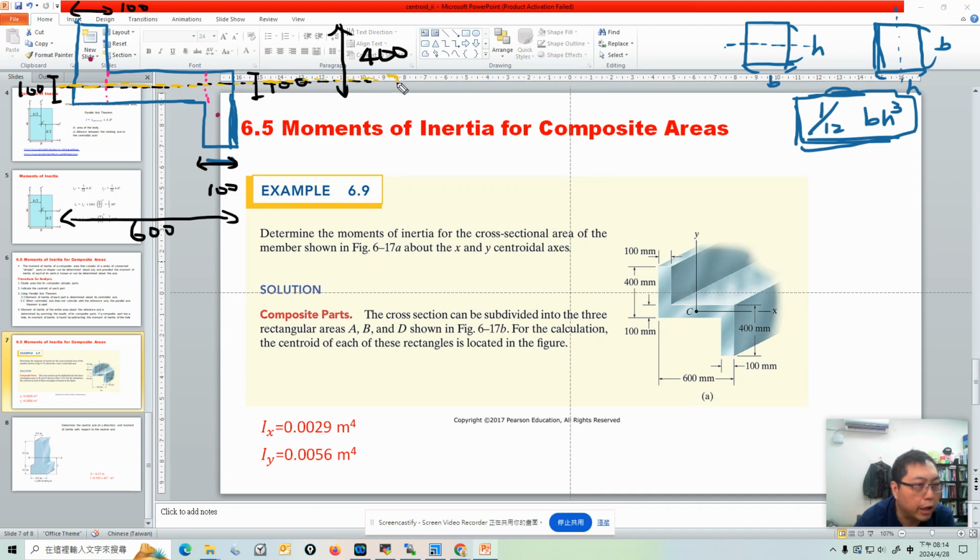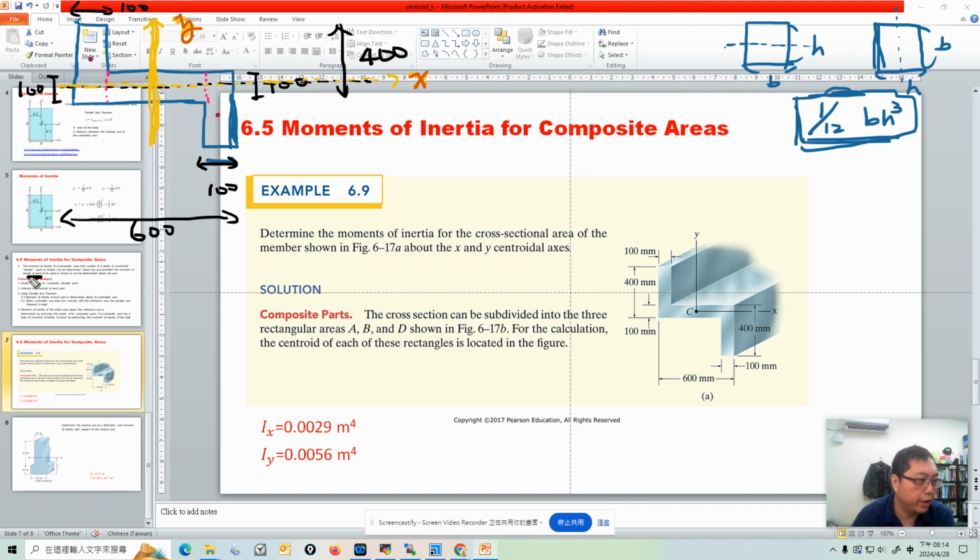This is x, and here is y. Sorry, I cannot draw very well. Here's our y. Maybe I need to use another color. This is x. This is y.